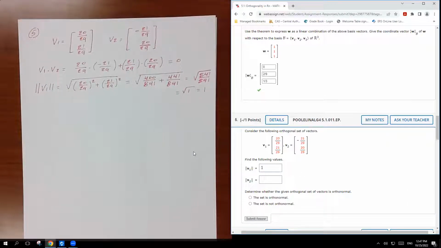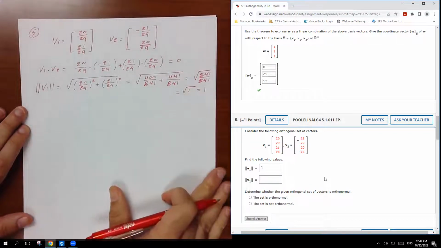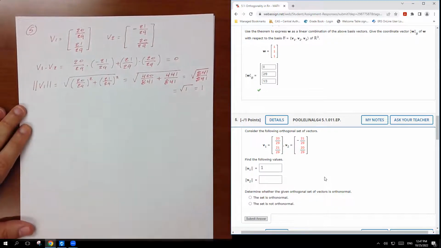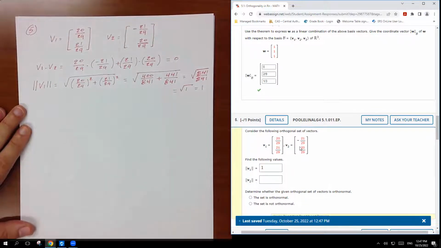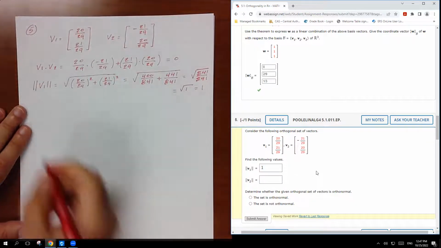Now we need to check that the length of V2 equals 1. If it does, this is an orthonormal set, because the dot product between V1 and V2 equals 0, and the length of each vector equals 1.